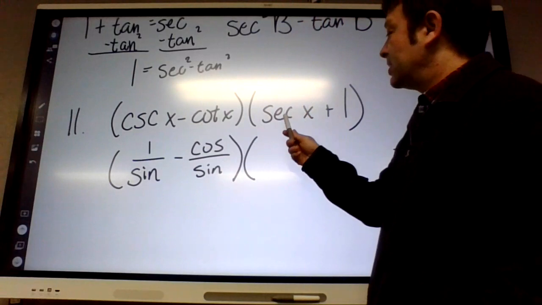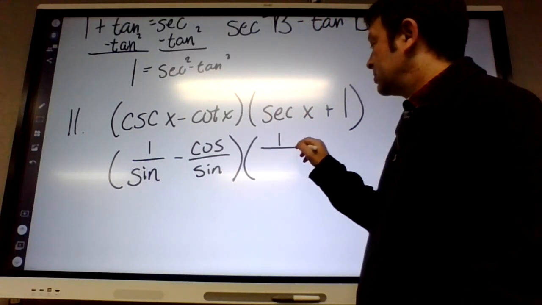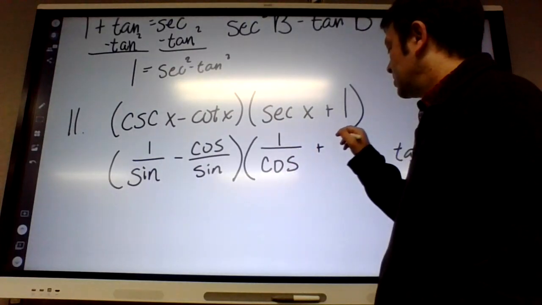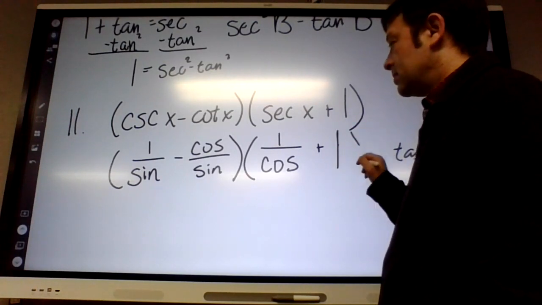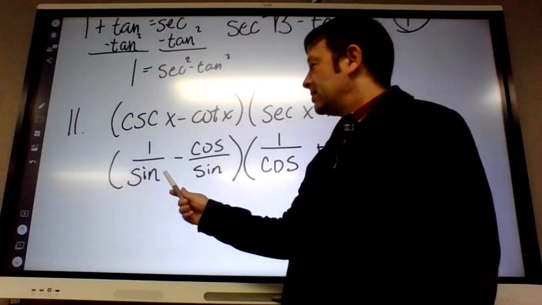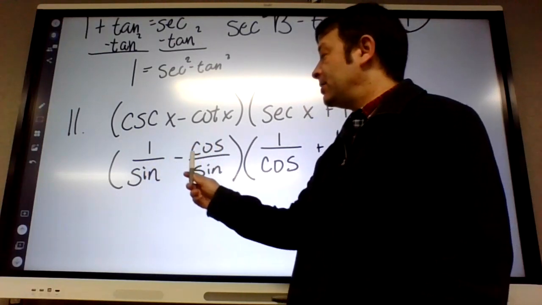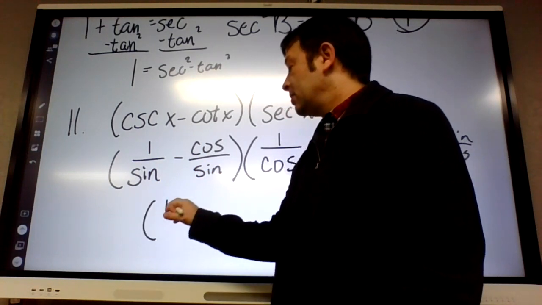Okay, what's secant turn into? 1 over cosine. All right. Do these two go together? Yeah, since they have a common denominator, this is just 1 minus cosine over sine.